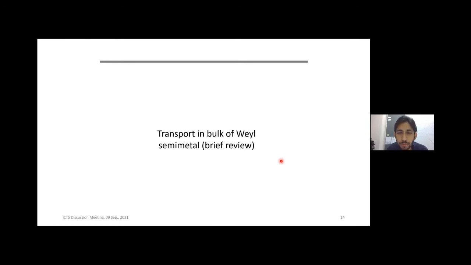Are there any questions before I move on to the actual transport in Weyl semimetals? Hi. Yeah, hi. Can I ask maybe a fundamental question? Yes, yes, please. When one considers a slice in the k-space.